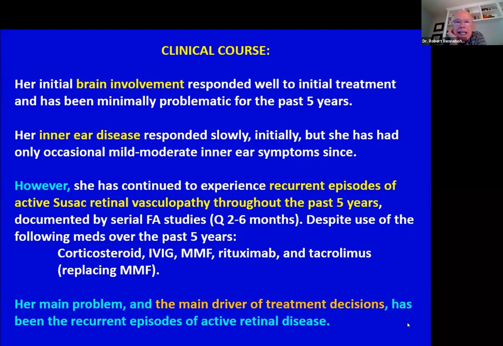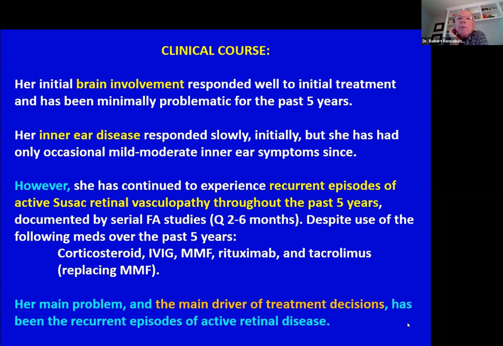Her initial brain involvement responded well to initial treatment and has been minimally problematic for the past 5 years. So she followed a monocyclic course as far as her brain involvement was concerned. Her inner ear disease responded slowly initially, but she has had only occasional mild to moderate inner ear symptoms since then.